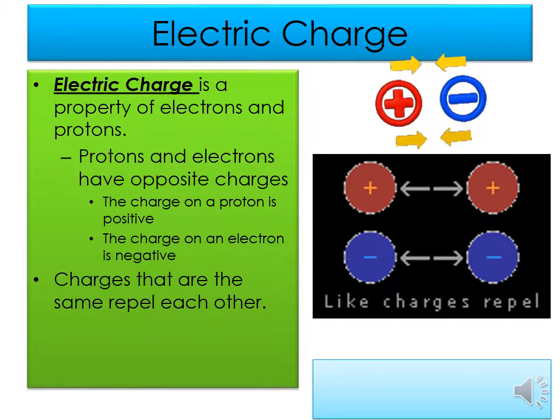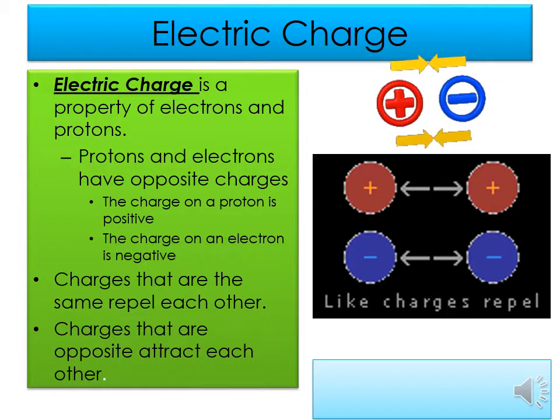Now, charges that are the same repel each other. So if you have two atoms that overall have a positive charge, they will actually repel each other. On the flip side, charges that are opposite attract each other. So if you have one positively charged atom, it will automatically be attracted to a negatively charged atom.